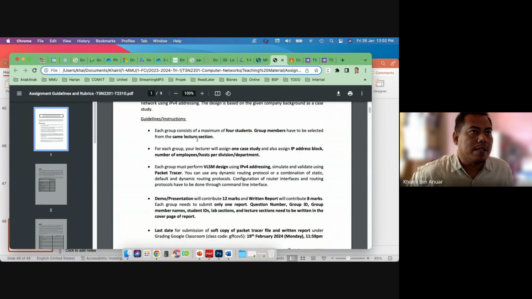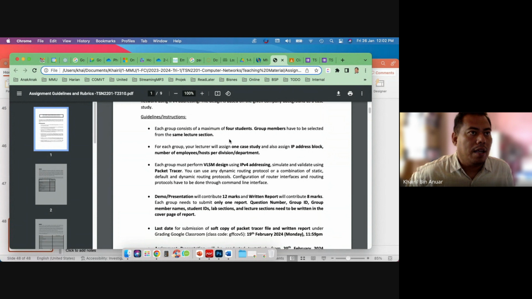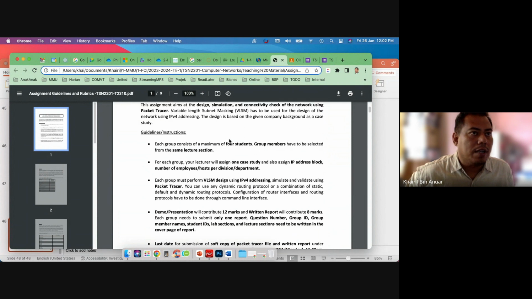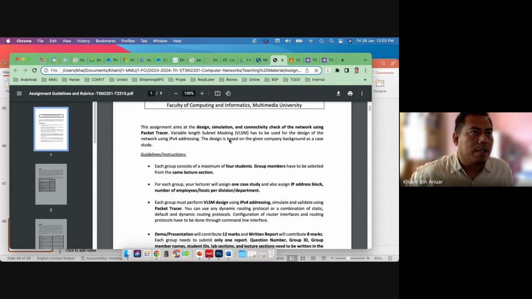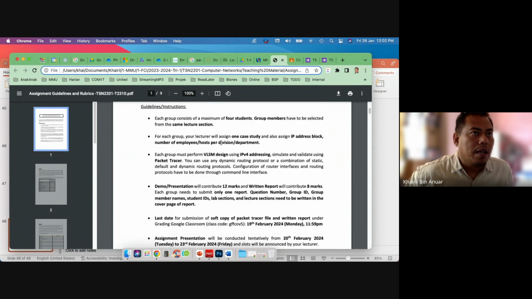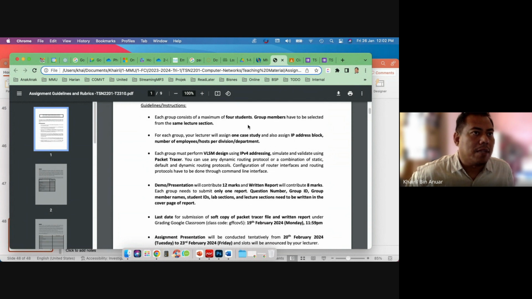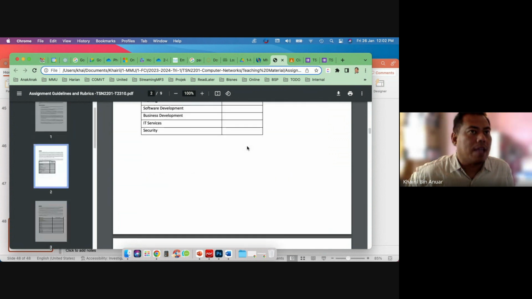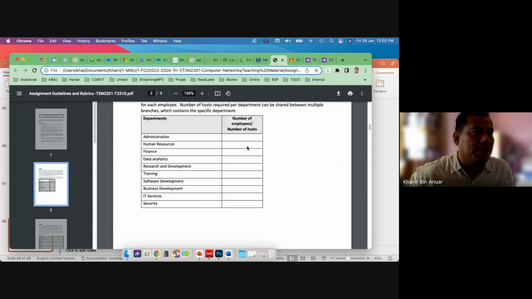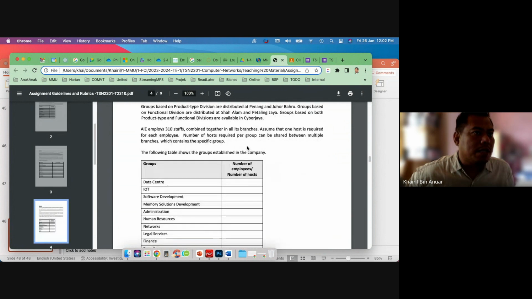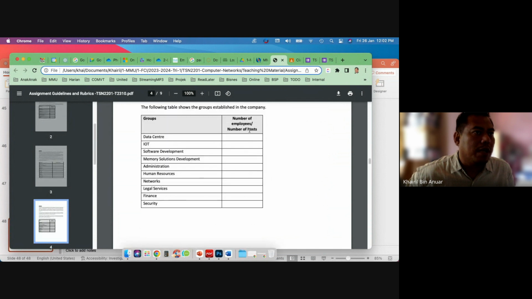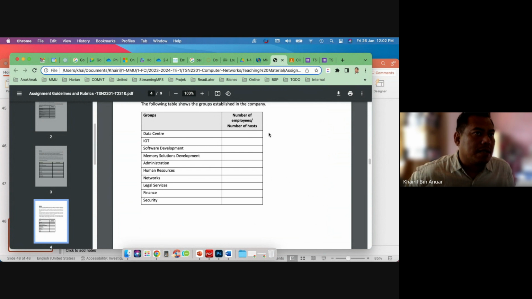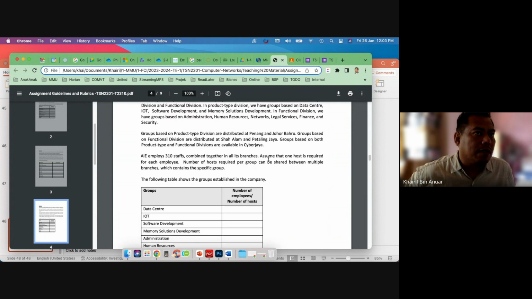And the rest I think is also clear. If you click on the link given by Dr. Kanan, it's already mentioned what the group is that you need to form. And then the case studies are mentioned down here: case study 1, case study 2, case study 3, except that it doesn't give you the details of the number of employees or hosts.